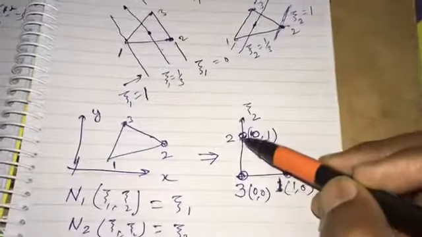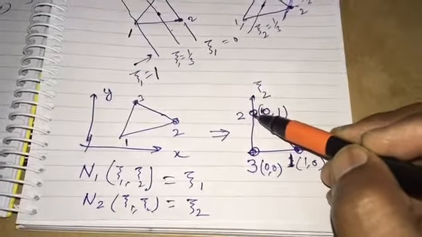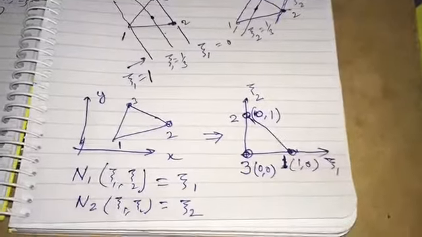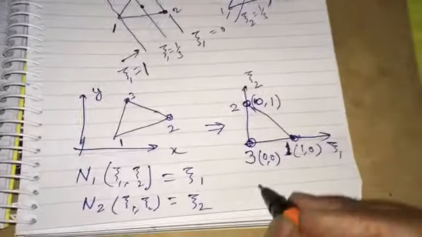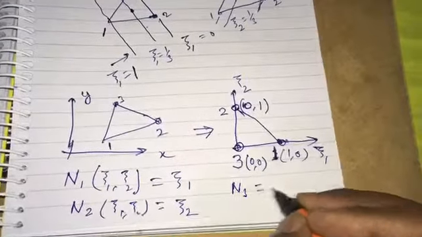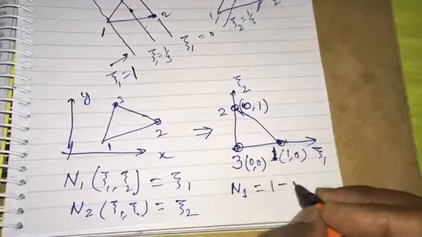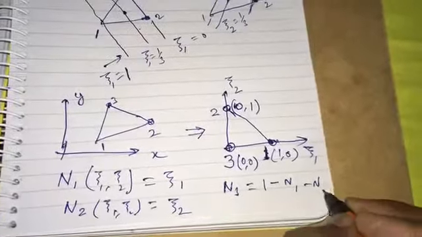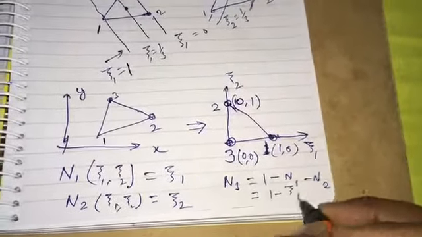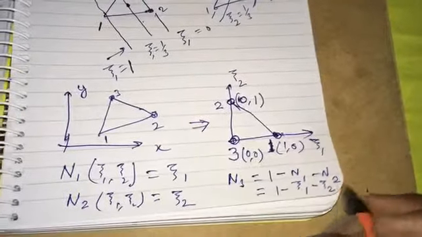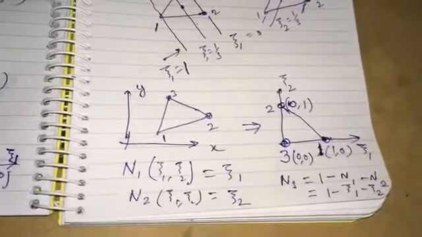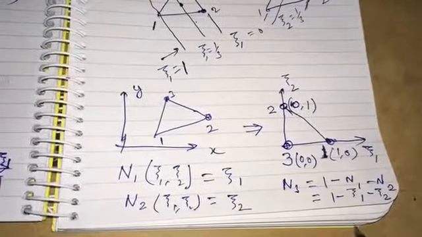Xi2 is equal to 1 at node 2 and it is 0 at node 3 and node 1. What about N3? N3 we can simply write as 1 minus N1 minus N2, which will be equal to 1 minus xi1 minus xi2 simply. So these are the three shape functions that we get.